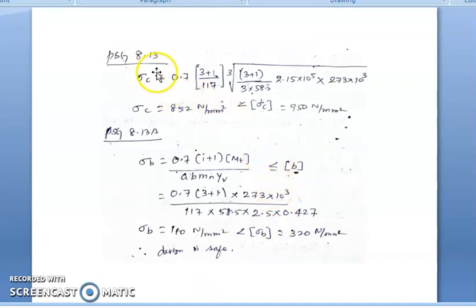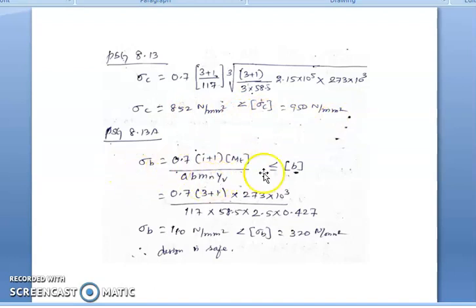Then from page number 8.13, we can take the formula for sigma C, and 8.13a for sigma B. By using this formula and all the revised variables and known variables, sigma C can be predicted as 852 Newton per mm square, which is less than the design sigma C, that is 950.